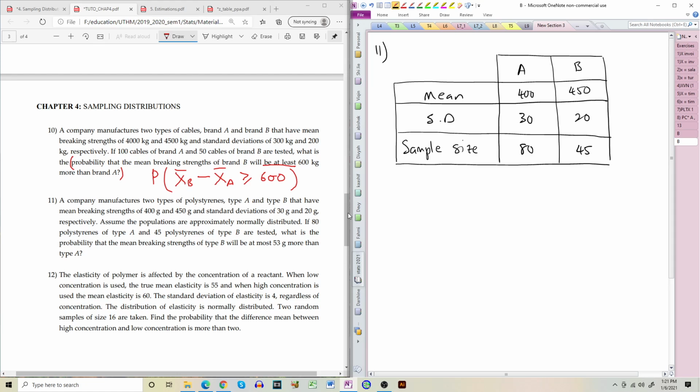Now again look at here: the probability that the mean breaking strength of type B will be at most more than... okay, which one is more? Identify which one is more, A or B. Type B will be at most 53 gram more than type A. So more than type A means B is more, minus the A. How much more is it? 53. Since they say at most, don't put equal, you put at most.